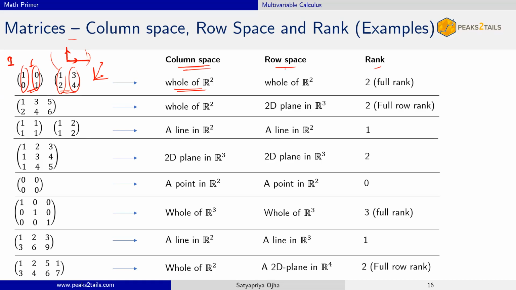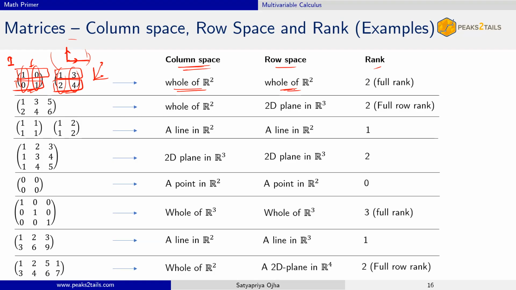Look at the row space. Take this vector and this vector. Again, 1, 0, 0, 1, so no difference. If you look at 1, 3, 2, 4, slightly different vectors, but still independent. Both vectors are linearly independent, so the row space is also the entire R square.